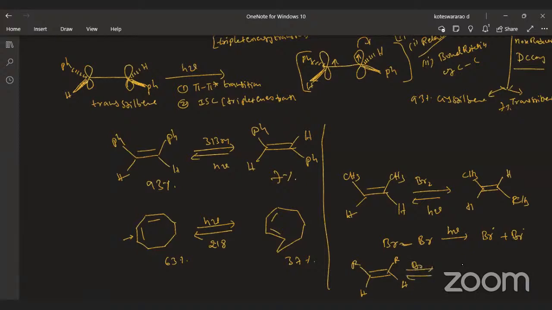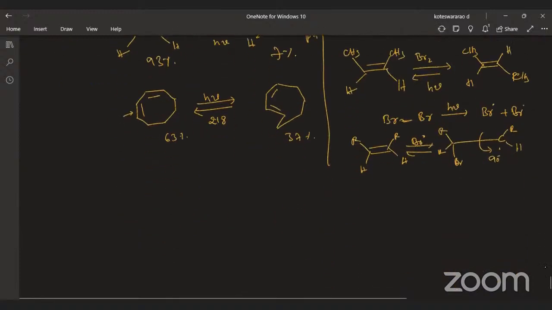Then the bromine radical interacts with one carbon, and at the other center it generates a radical. Now this radical influences the nature of the CC single bond. The CC single bond may undergo rotation, more preferably by 90 degrees, that leads to isomerization. Then it leads to the formation of both the products, cis and trans isomers.